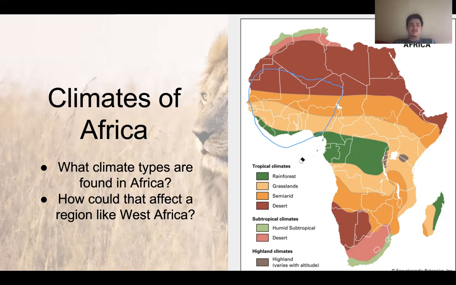So think about all the different ways that climate can impact a place like West Africa. You have rainforests down here along the coast. You got this semi-arid land up here. You got this grassland region, and then you got desert up here in the top. So think about how all those different things can impact what people can do in a region.